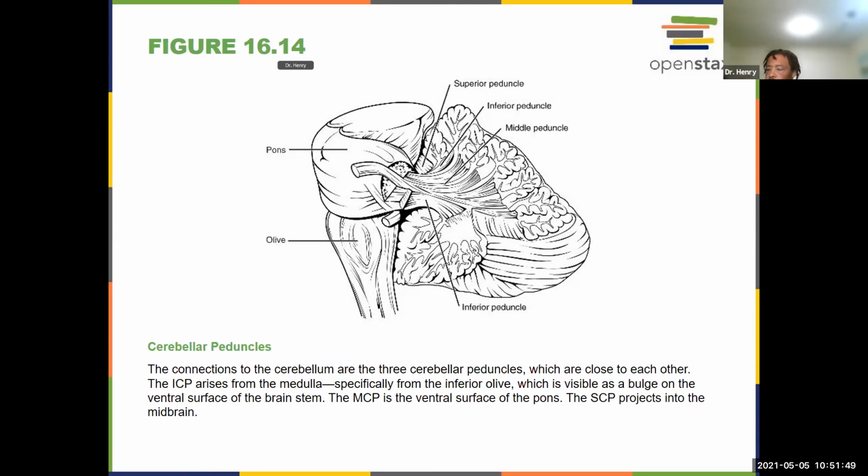And then your inferior is going to be connecting to your medulla. These are just fibers, and they're going to act like a bridge. They're fibers of axons that are transmitting the signal.